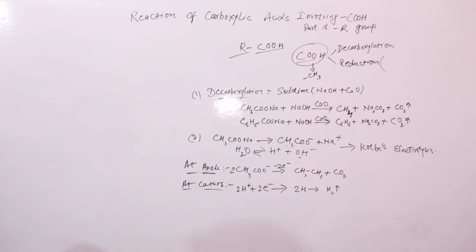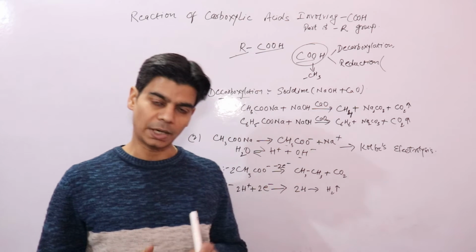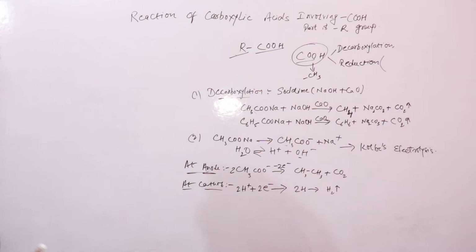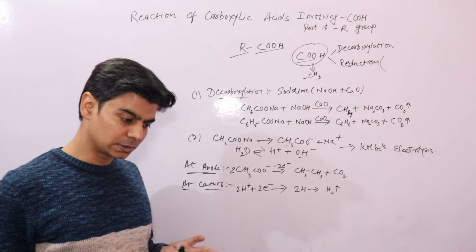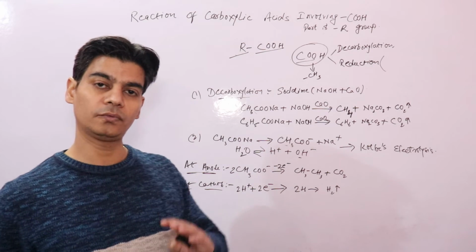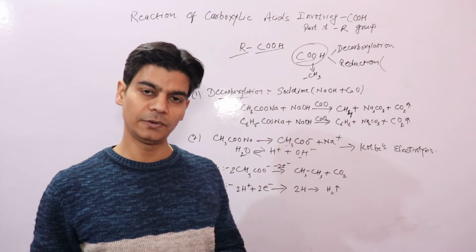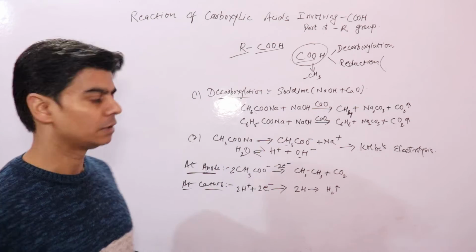Now there is a second way of doing decarboxylation, where we do dry distillation of calcium salts of fatty acids. We heat calcium salts of fatty acids, and it will give you an aldehyde or a ketone with the removal of carbon dioxide.